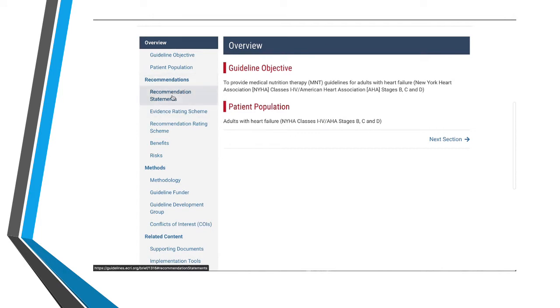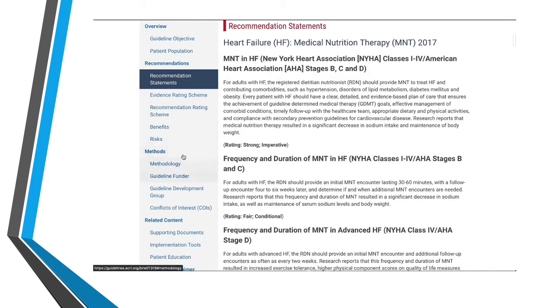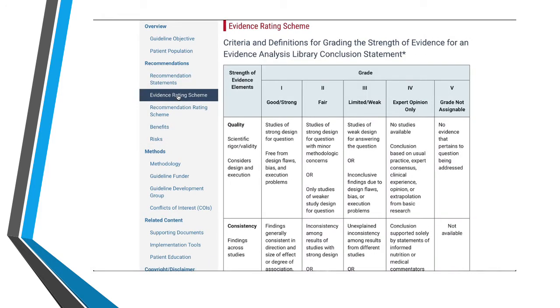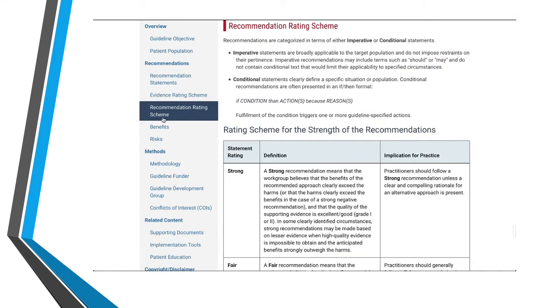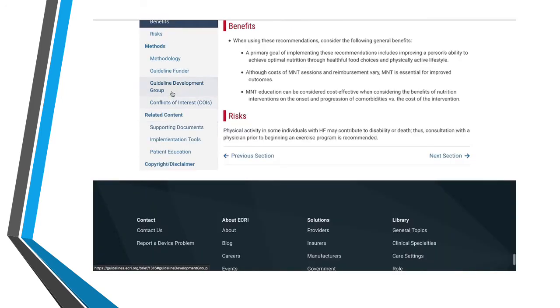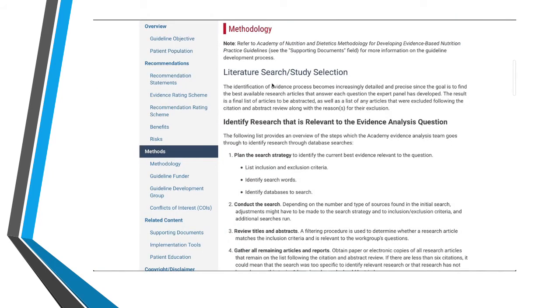It'll offer recommendation statements, any evidence rating scheme that it had when collecting the material to put into the guideline, the recommendation scheme, the benefits and risks. You can also go more in depth into the methodology, and like I was saying before with how they put guidelines together, you want to verify that they did a pretty inclusive job when it comes to synthesizing the evidence.